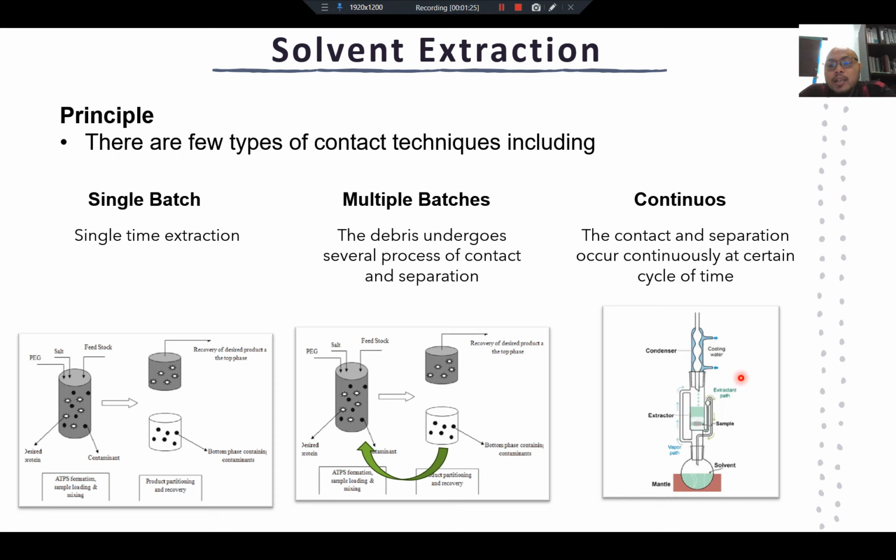Because of the condensation process over here, the solvent drips back onto the sample and then goes back down to this round bottom flask. After several hours, the process occurs continuously: it goes up, goes down, goes up, goes down. So your analytes of interest will be concentrated in this particular area.